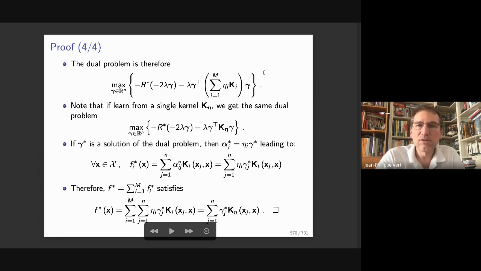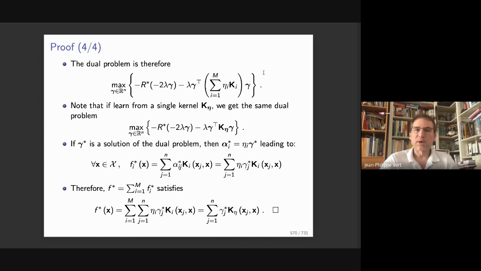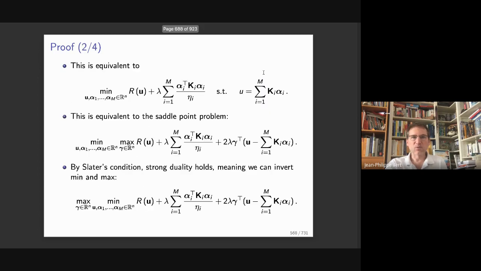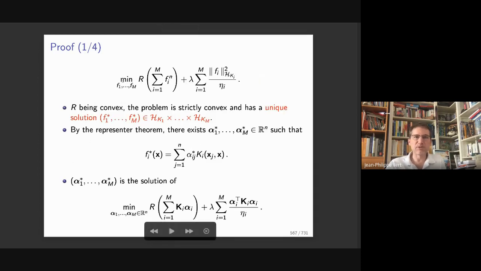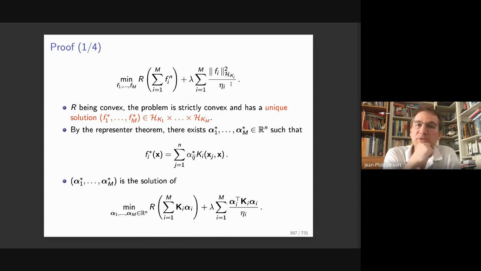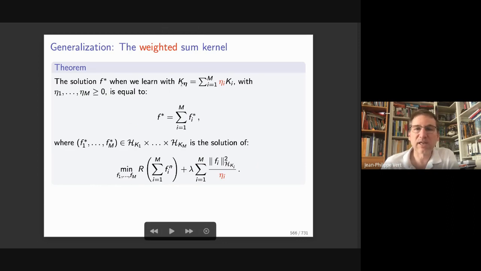All right, let's look at it for a second. The first comment we can make is about the problem you solve when you train: minimization over f1 to fm of R of the sum, plus lambda times the sum of the squared norms over eta i. You may wonder, what if I just had one kernel, the kernel k eta?